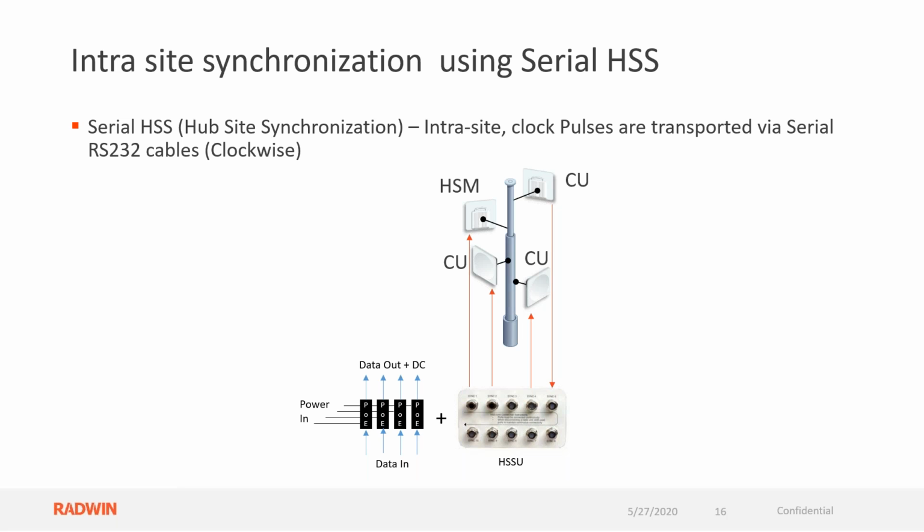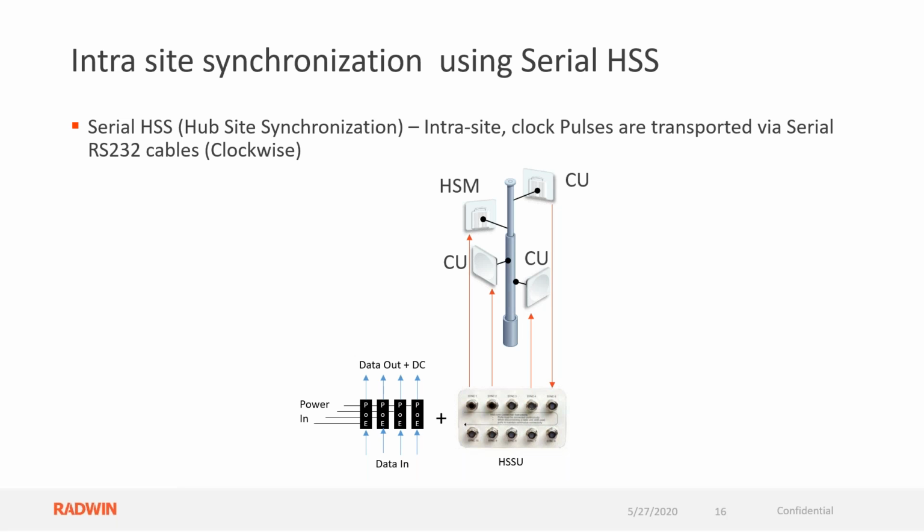Currently there are still RADWIN 2000 and 5000 units that support the serial RS-232, where you need to drop cables from each unit to the HSSU unit, and you need to do the clockwise synchronization, and the physical connection needs to be taken care of, from the master towards the slaves in a clockwise manner.